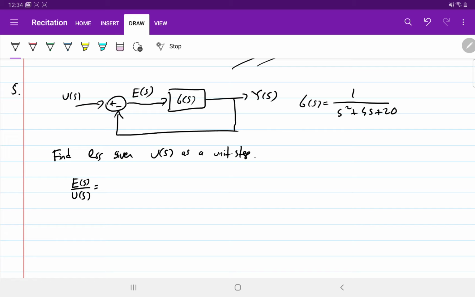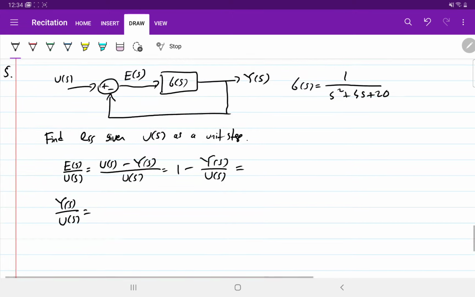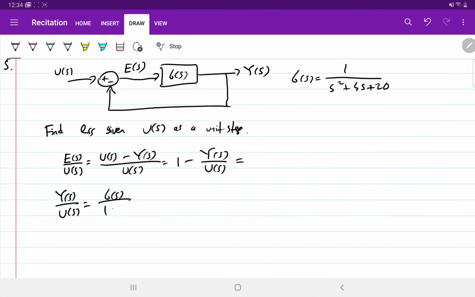So E of S is U of S minus Y of S, and this is over U of S, so 1 minus Y of S over U of S. Since Y of S over U of S is G of S over 1 plus G of S, that one is 1 over s squared plus 4s plus 20 plus 1, right? 1 over s squared plus 4s plus 21.